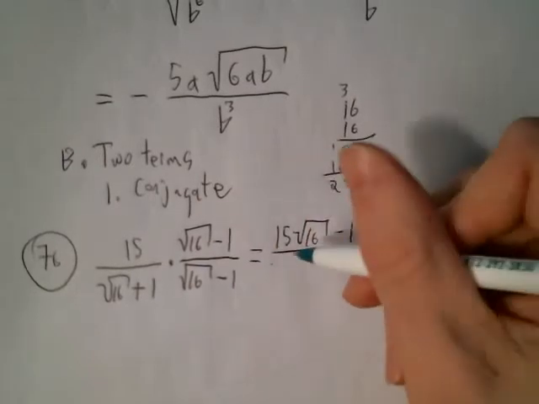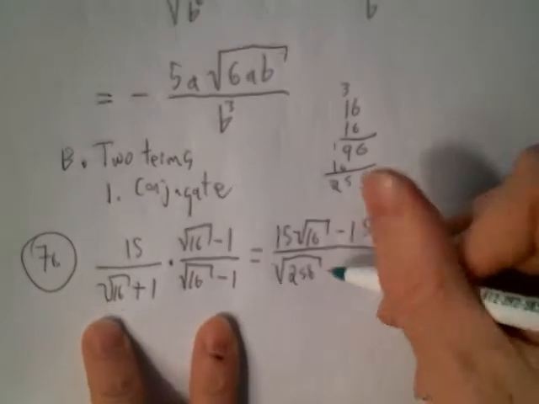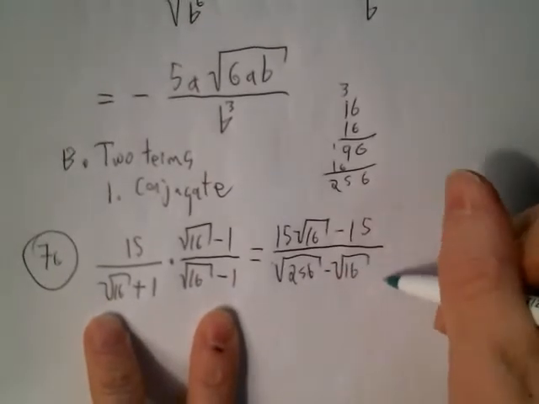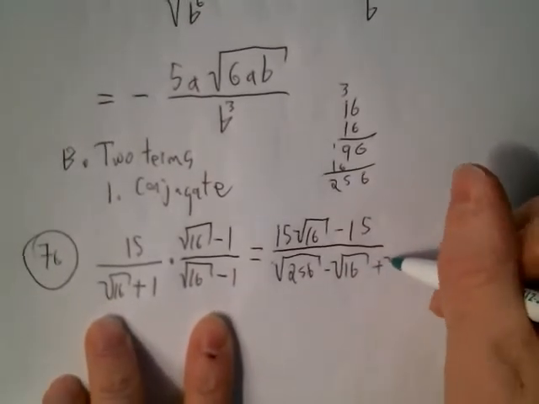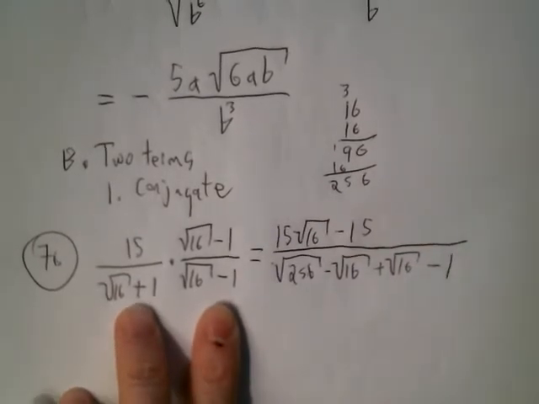So the first gives us square root 256. The outer, minus square root 16. The inner, plus square root 16. And then the last, minus 1.